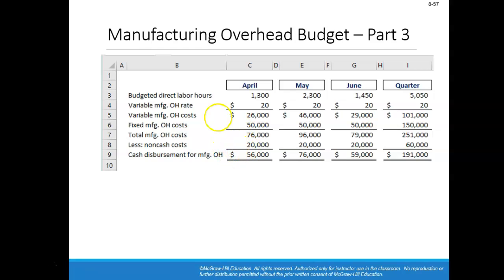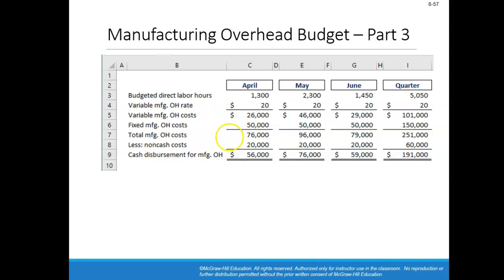So we're going to subtract that $20,000 from that amount each month to get the actual amount of cash disbursements needed for our manufacturing overhead costs. So again, we subtract out the $20,000 each month to get the amount of cash disbursement needed for our overhead costs each month.